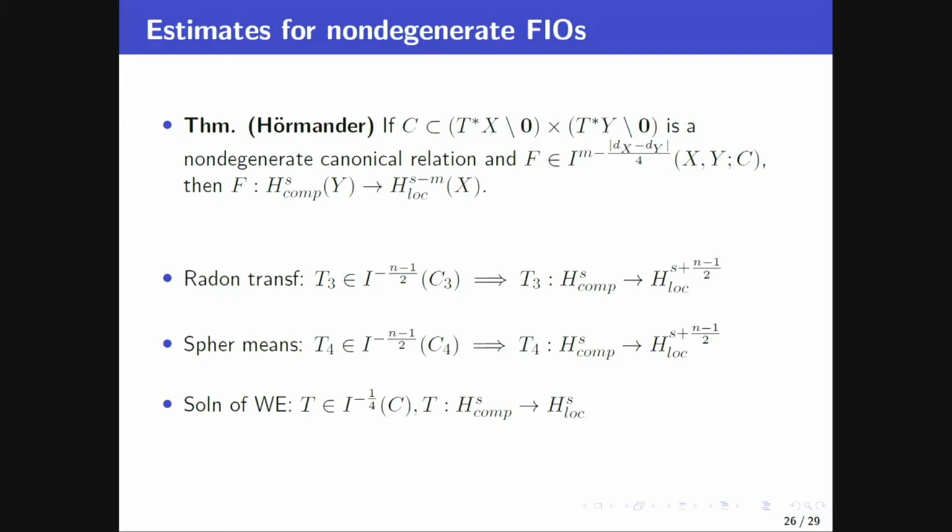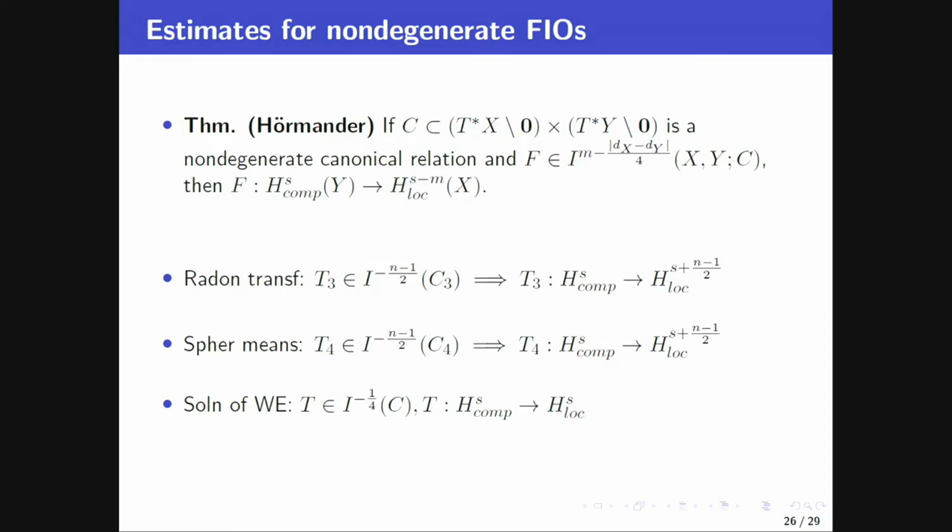So let's apply this theorem to our examples. For the Radon transform, we have a canonical graph. So then dx and dy are the same. This is the order of the Radon transform. So T3 maps H^s to H^(s+(n-1)/2). Same for the spherical means. T4 maps H^s to H^(s+(n-1)/2). Okay, equal dimensions. But for the wave equation, we have a difference of dimension. Yeah, we said there the difference is 1.